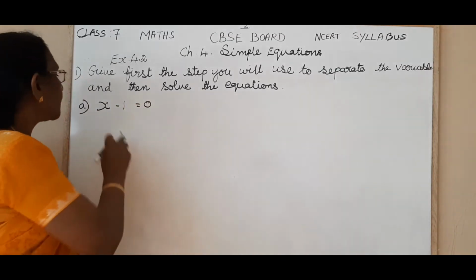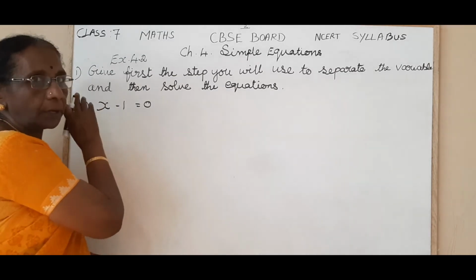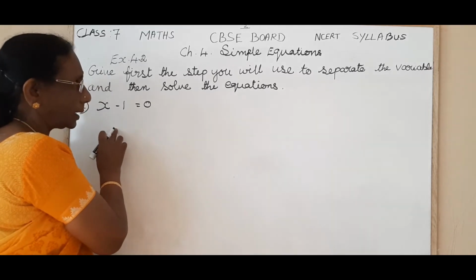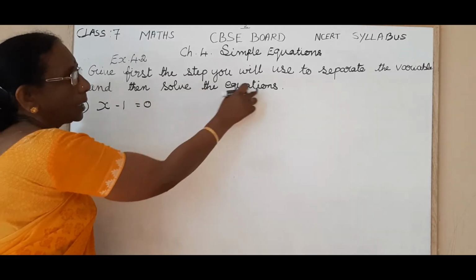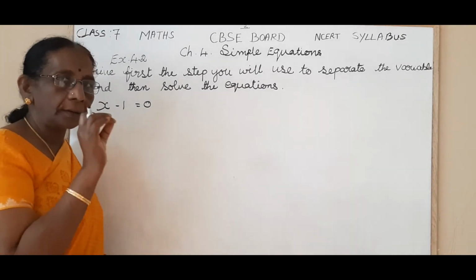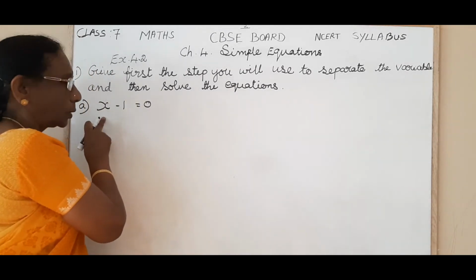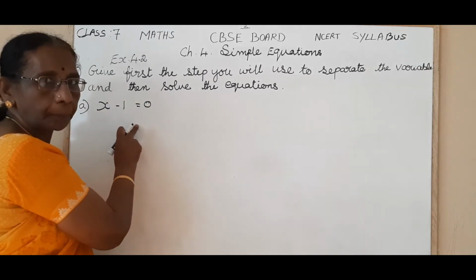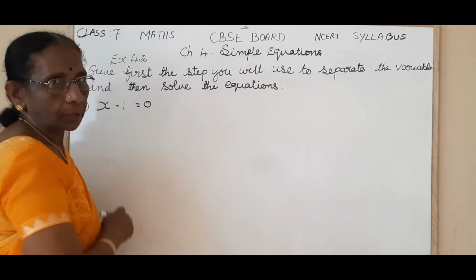Okay. So here we have minus 1. We don't want minus 1 in the left hand side because we have to solve the equation. What is the meaning of solving an equation? Finding the value of x, the unknown quantity that satisfies the equation.